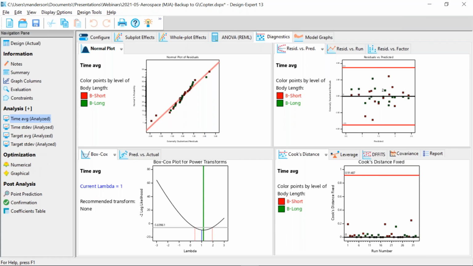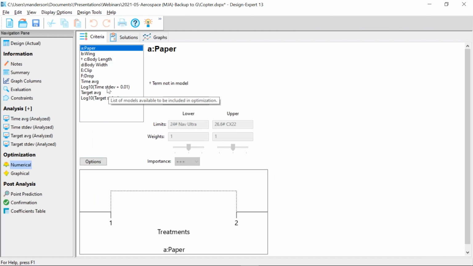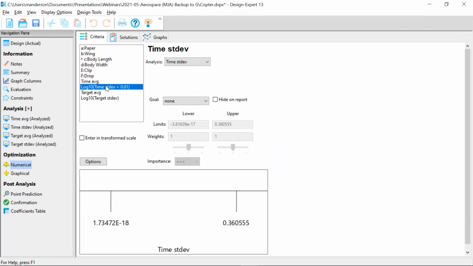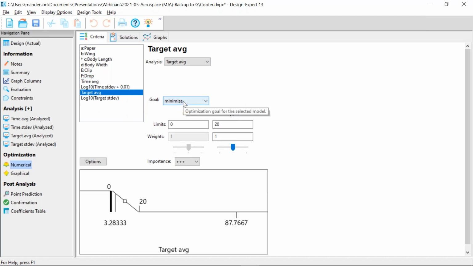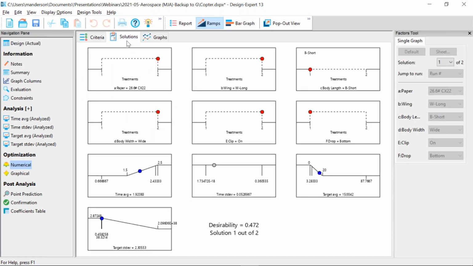And then ultimately, we were able to discover ways to maximize the time, I'm sorry, we want to maximize the time of flight and minimize the deviation from target. And then the program dialed up a solution, and it turned out the Conqueror paper, which is the better paper, did come out ahead.